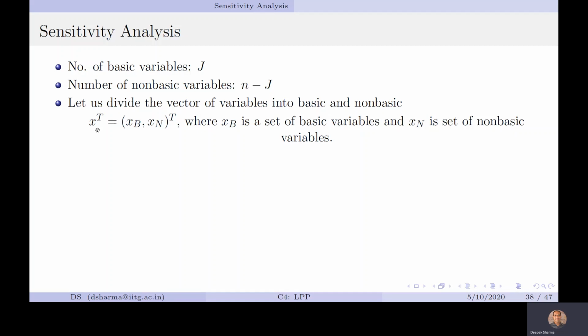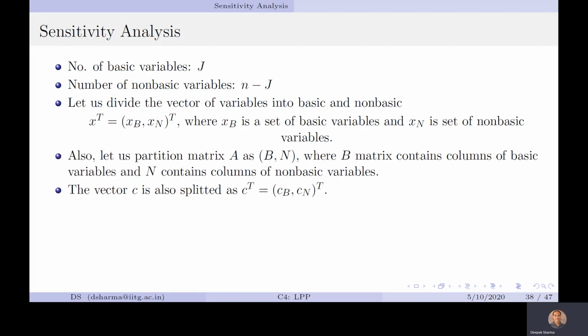So the vector x, a column vector, equals xB, the set of basic variables, and xN, the set of non-basic variables, and then we take a transpose. In the last problem, for example, if we have x1, x2, and x5 as basic variables, they come under xB. However, x3 and x4 were non-basic variables, and they come under xN.